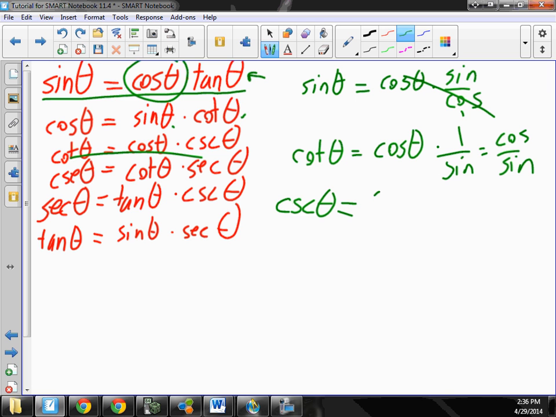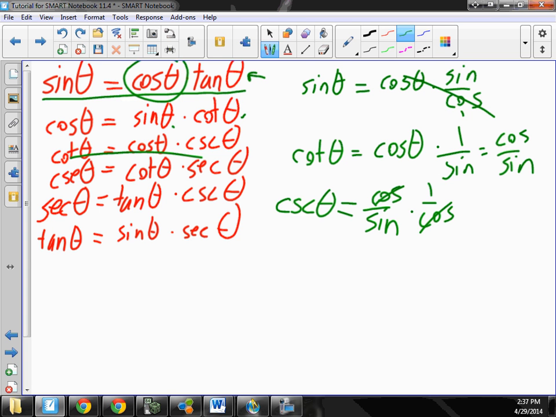Cotangent is cosine over sine. Multiply that by the reciprocal identity of secant, which is 1 over the cosine. Cosines cancel, which is 1 over sine, and 1 over sine is the cosecant. So we're done. Okay? I'm going to leave the last two for you to do.